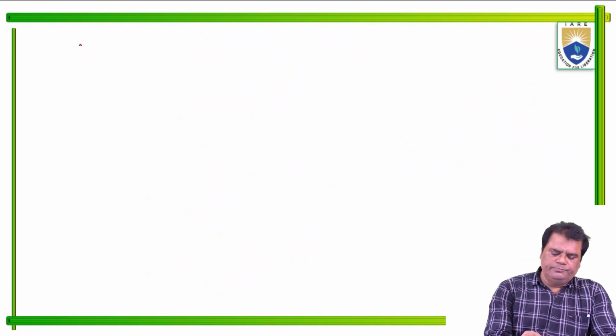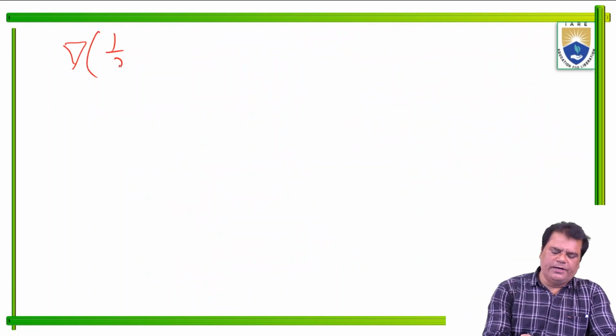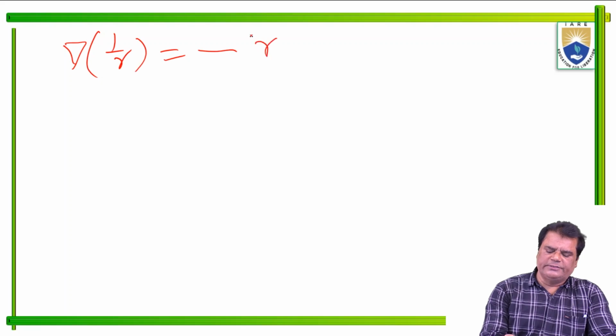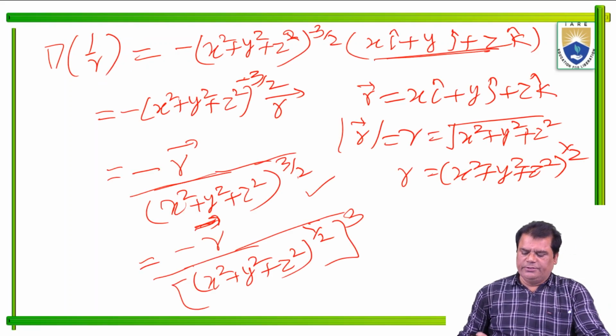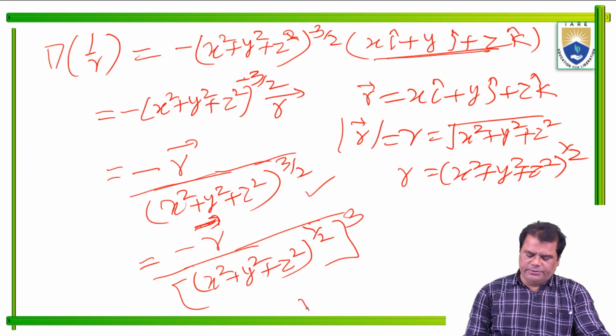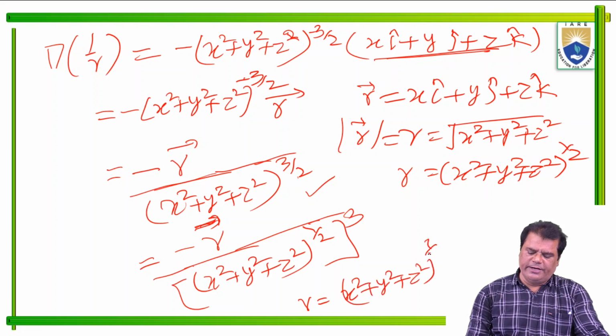So now del of 1 upon r equals minus vector r upon, as I have already discussed, r equals (x square plus y square plus z square) to the power 1 by 2.